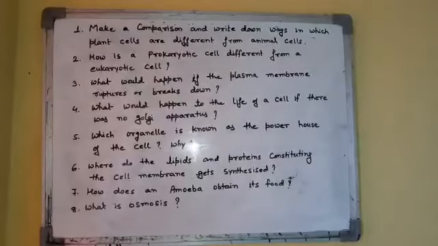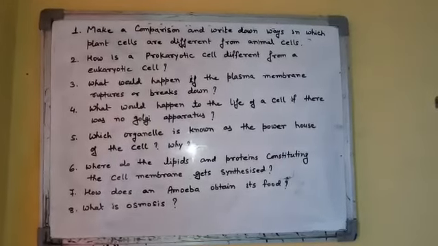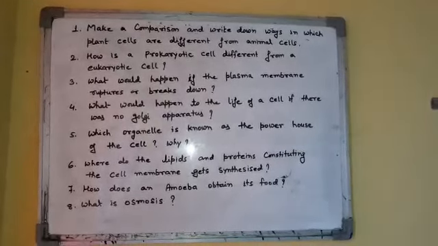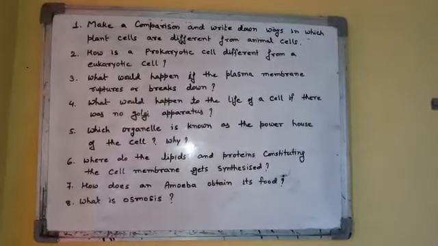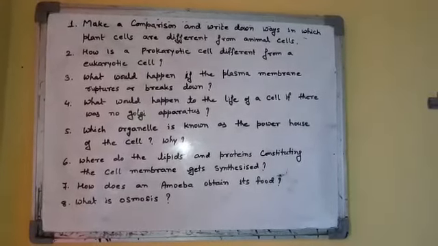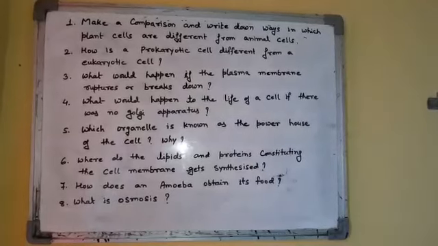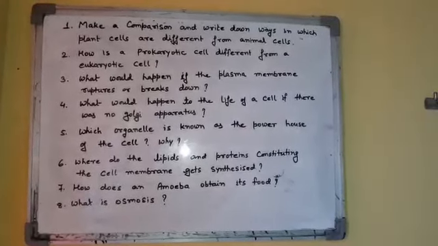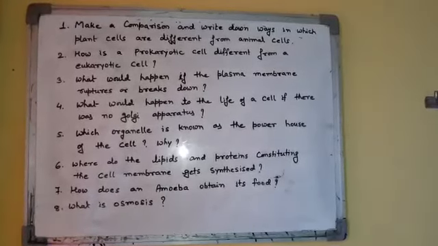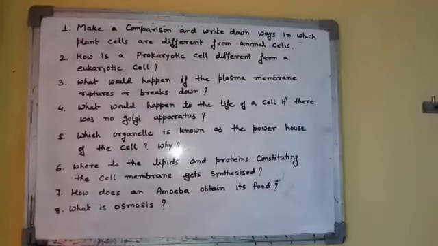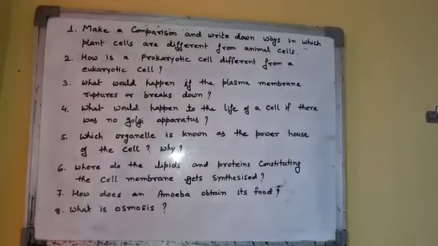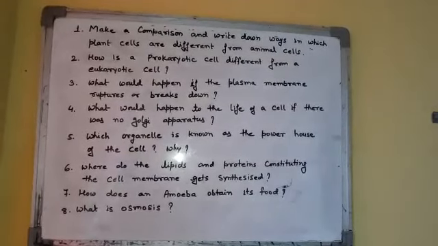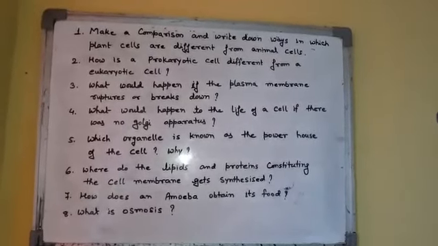The second question, how is a prokaryotic cell different from a eukaryotic cell? Here again you will differentiate between a prokaryotic and a eukaryotic cell on the basis of its size and the type of organism it is found in, like primitive, ancient or modern, advanced organisms.